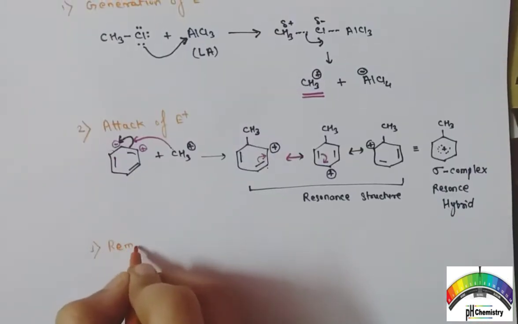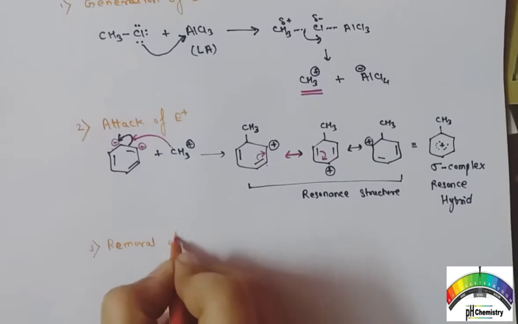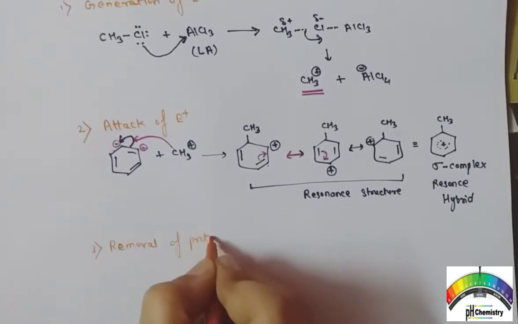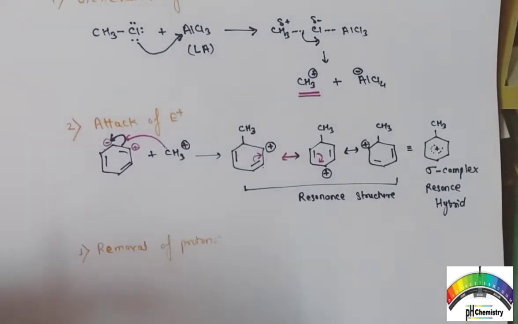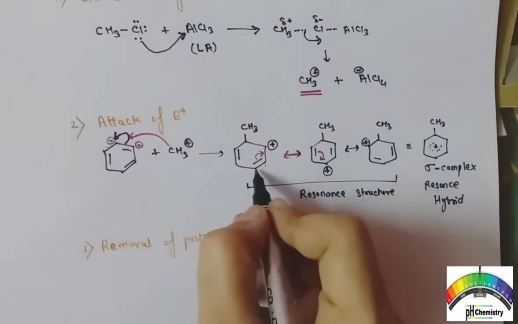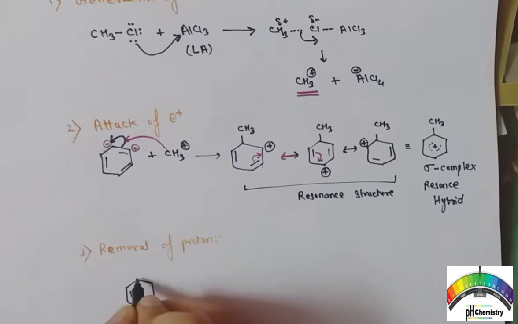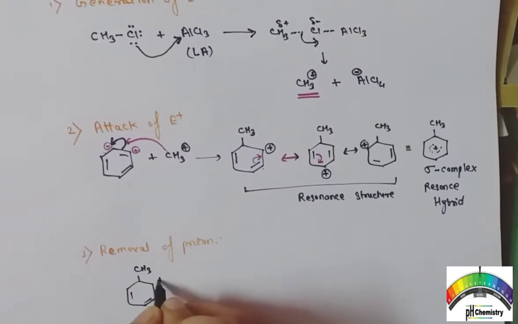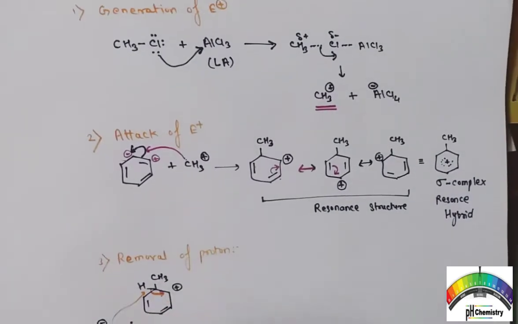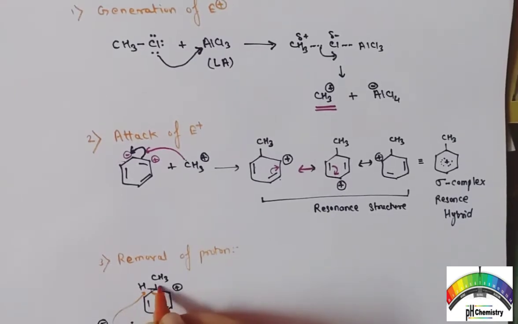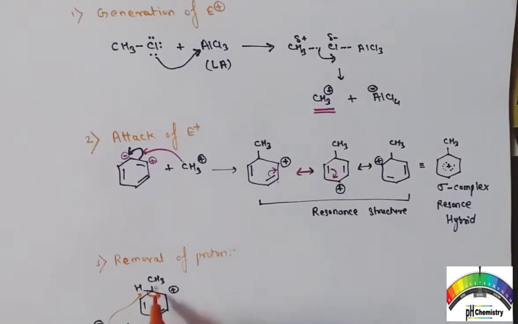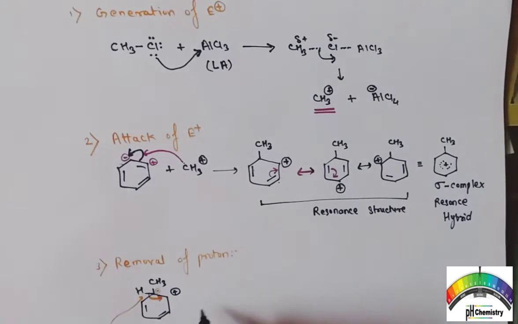So the last step is removal of proton. Proton will be removed. So we take this resonance structure. Positive charge is present here. When AlCl4 takes this proton, the negative charge comes here. So positive and negative will form a double bond.